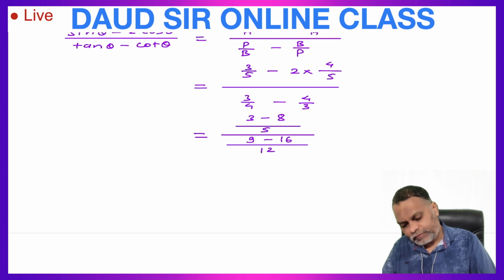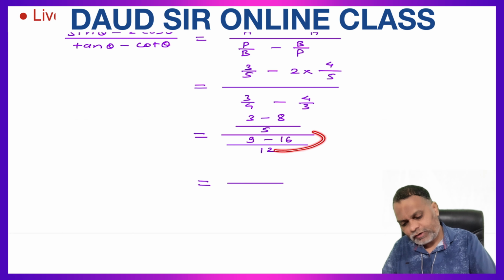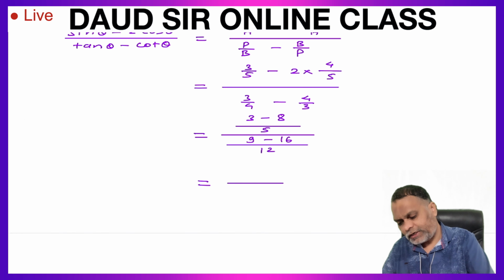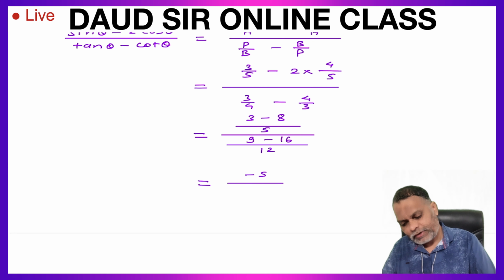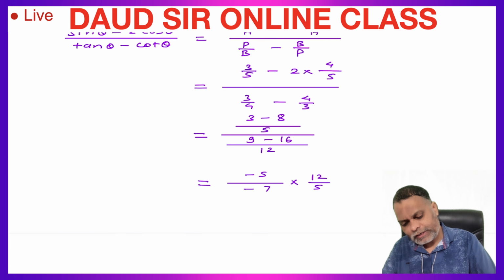So this is a double fraction. So shift this 12 into numerator and this 5 into denominator. So this is 3 minus 8, minus 5, and 9 minus 16, minus 7, into shift this 12 in numerator and 5 in denominator.